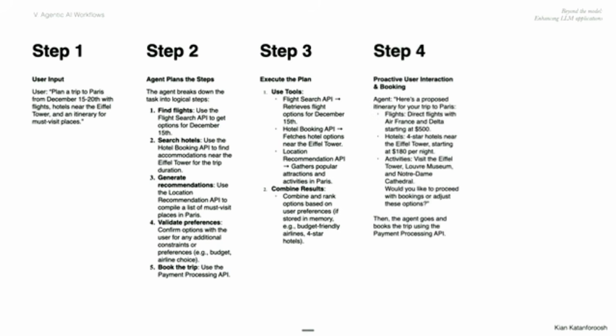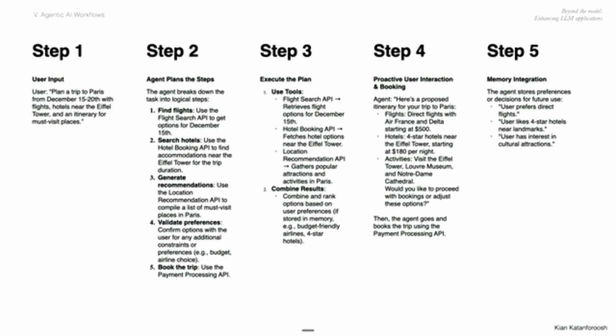Step 3, that's just the planning, by the way. Step 3, execute the plan. Use your tools, combine the results, and then proactive user interaction and booking. It might make a first proposal to the user and ask the user to validate or invalidate, and then may repeat that planning and execution process. And then finally, it might actually update the memory.